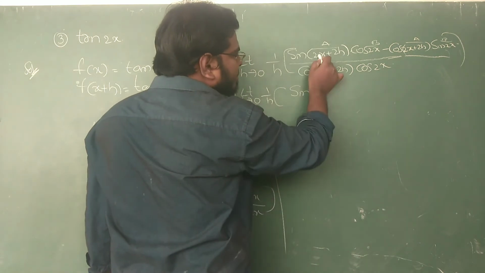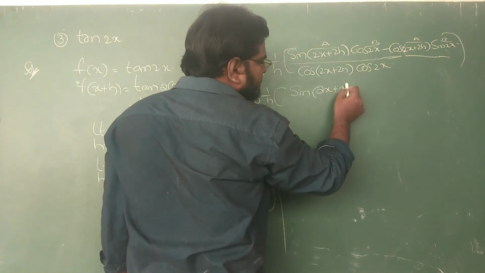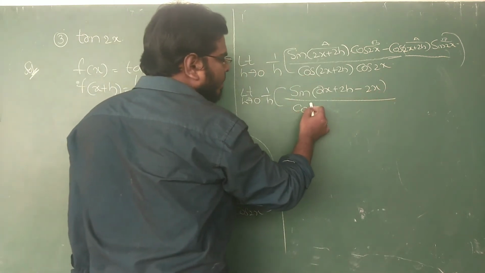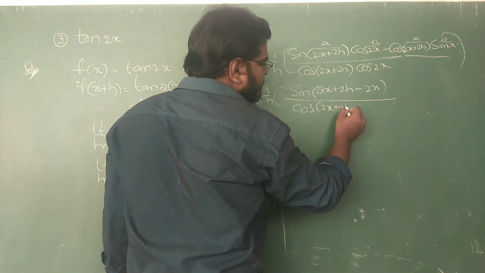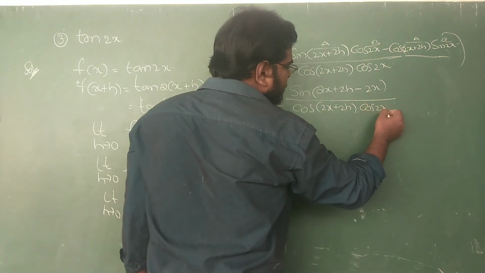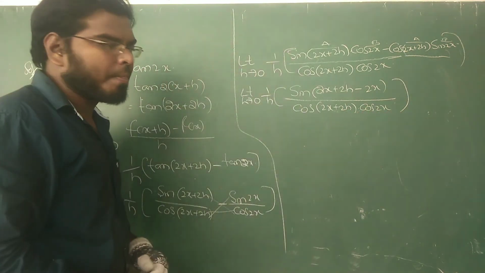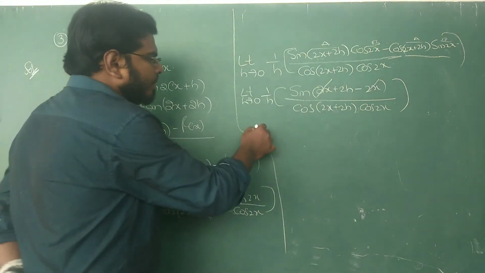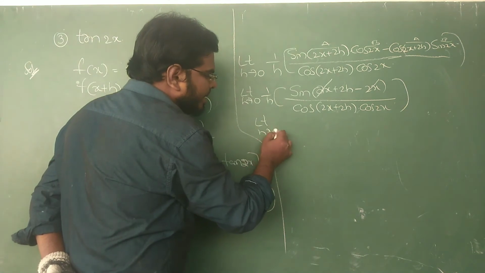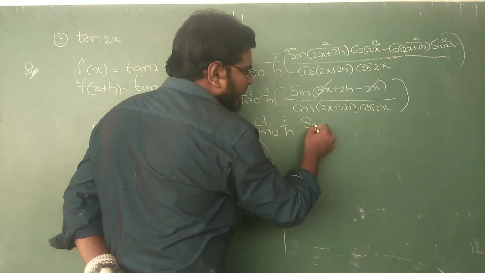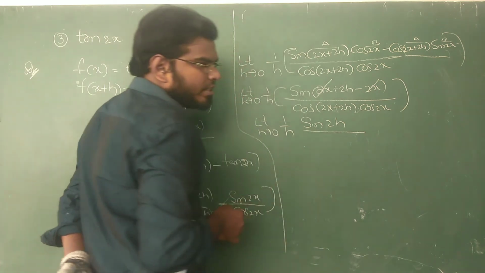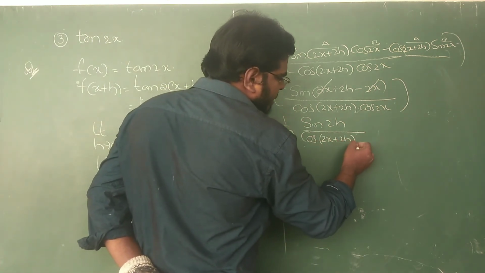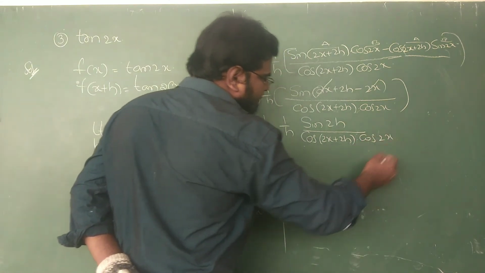Here a minus b is 2x plus 2h minus 2x, and in the denominator we have cos of 2x plus 2h into cos 2x. And here the 2x minus 2x gets cancelled. The remaining term is limit h tends to 0, 1 by h, sin of 2h, and here cos 2x plus 2h into cos 2x.